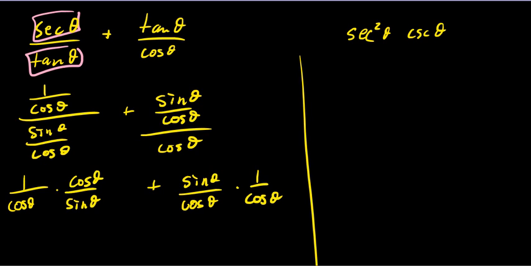Right? If you have sine divided by cos and you divide that again by cos, that's going to be cos squared on the bottom. So this cos and this cos are gone. You're going to have 1 over sine here. And over here is going to be sine over cos squared theta.